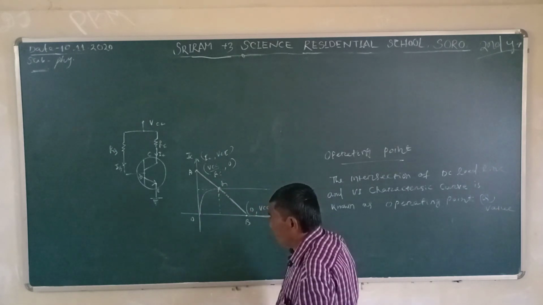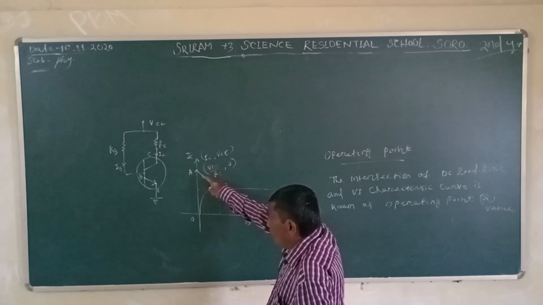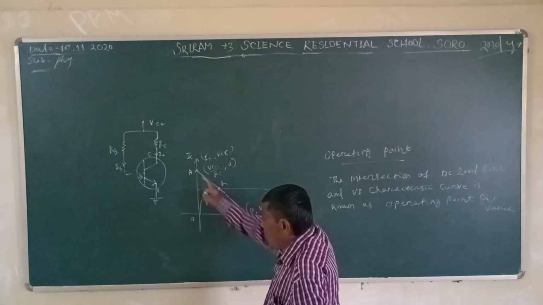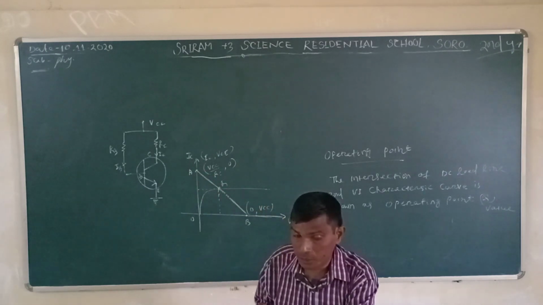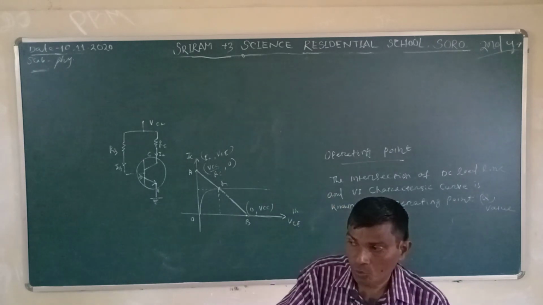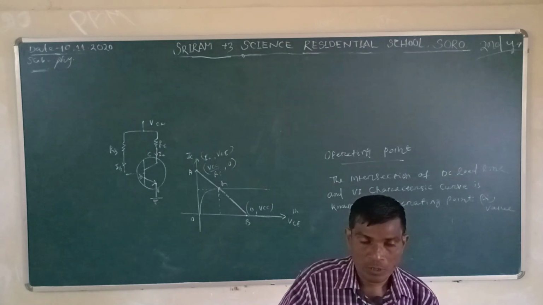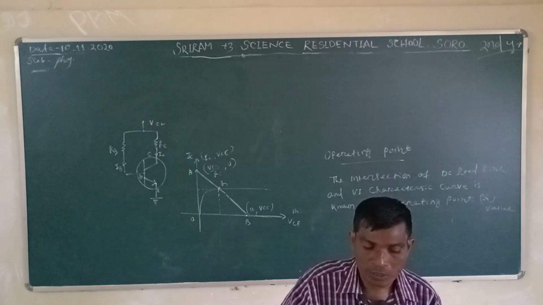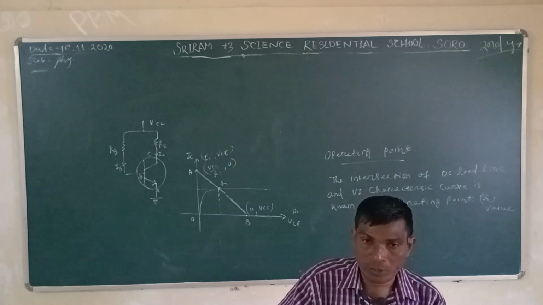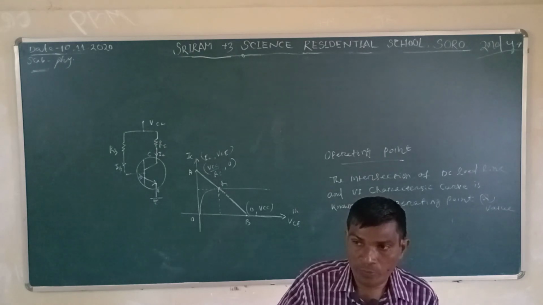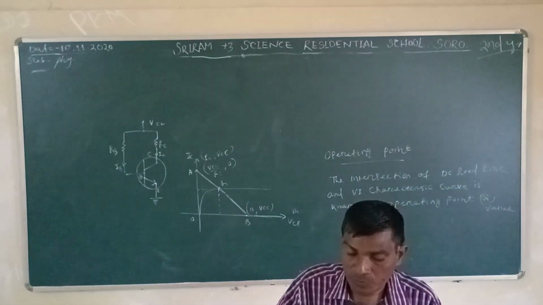Now this is the DC load line and operating point, with the calculation of point A and point B. When we apply the signal at the Q point, or operating point, it will be properly amplified. The bias circuit also ensures that the applied signal is faithfully amplified for this purpose.